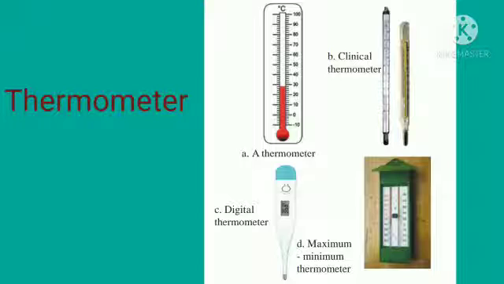A special type of thermometer is used to measure the minimum and maximum temperatures in a day. It is called a maximum minimum thermometer, and you can observe that in D diagram.